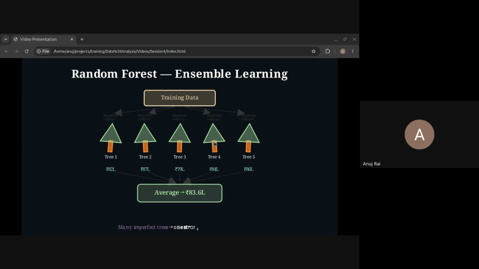Why? Because here we are combining weak learners to create a strong learner, and it is not limited to decision trees, but any kind of ML algorithm which is a collection of multiple algorithms, whose goal is to combine weak learners to create a strong learner.